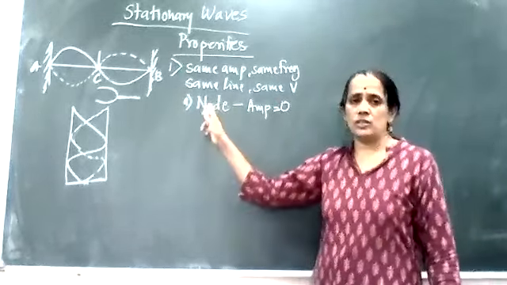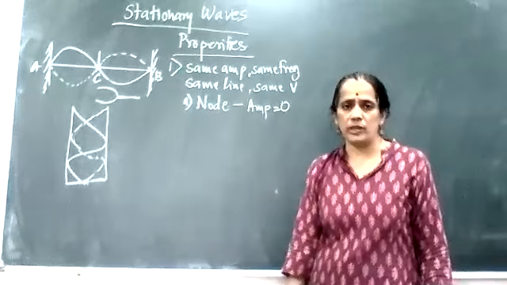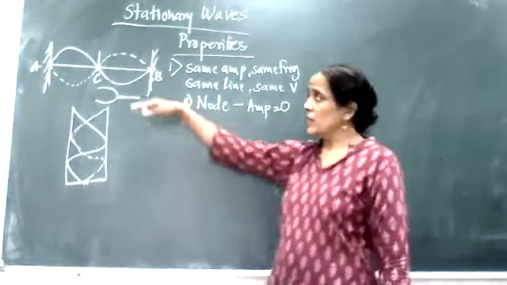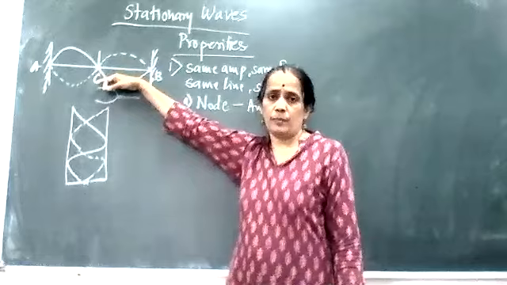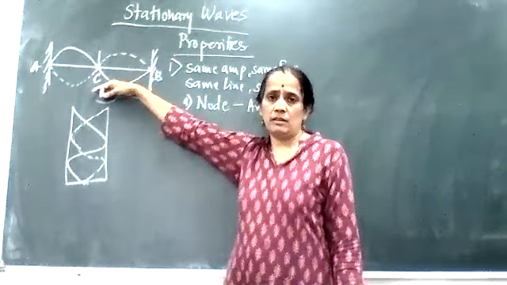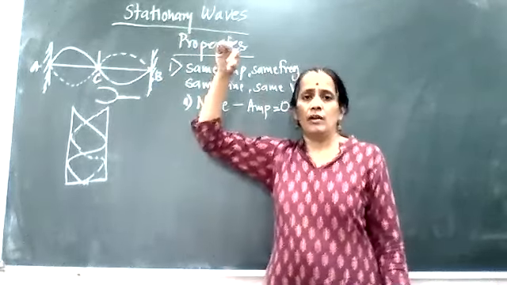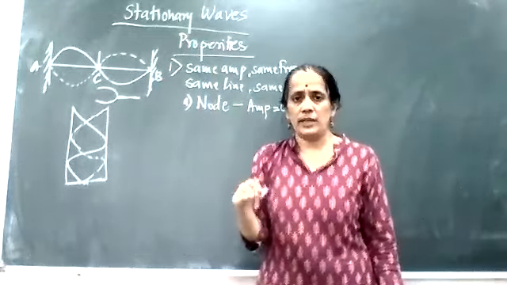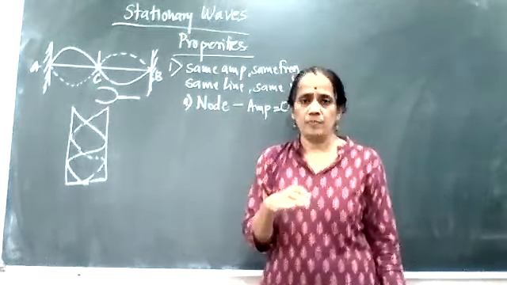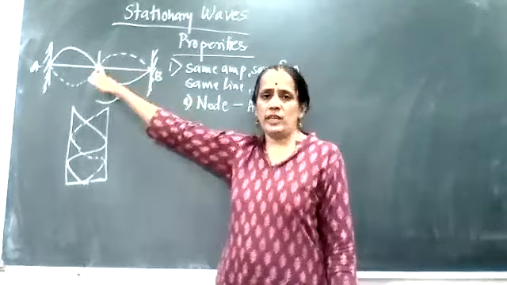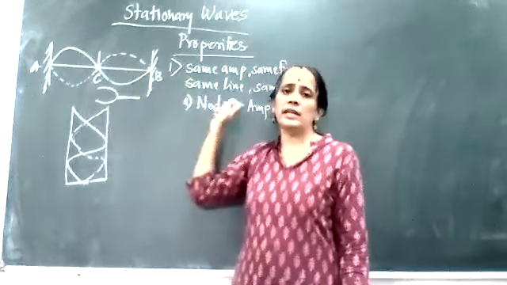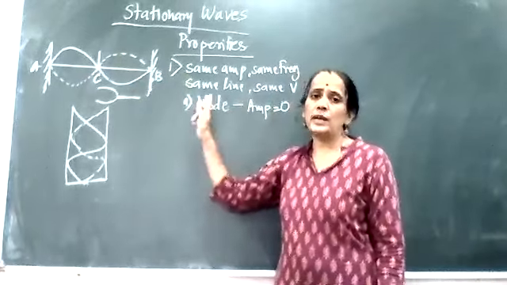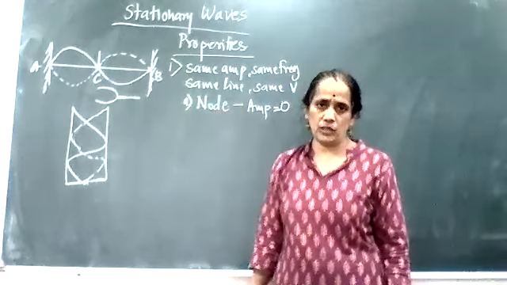Then that point is called a node. So in case of your transverse wave, along a transverse stationary wave pattern, the points where the displacement of the particle is zero are called nodes.